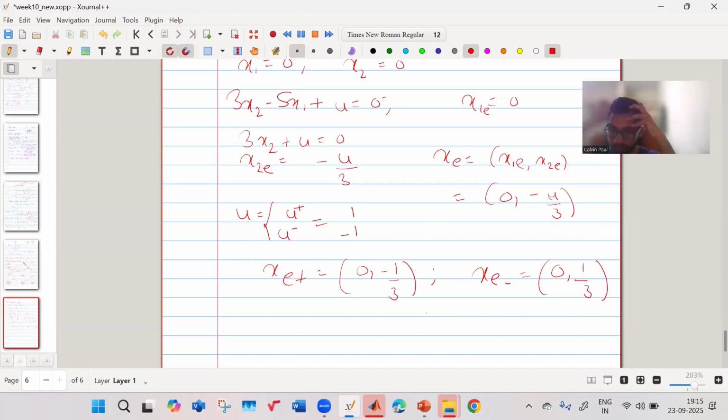Your xe plus is 0, minus 1 by 3. Xe minus is 0, 1 by 3. So these are your two equilibrium points.